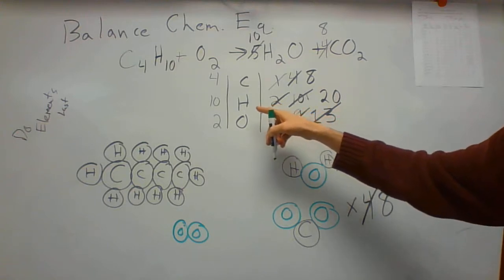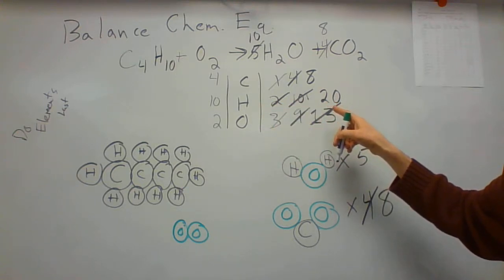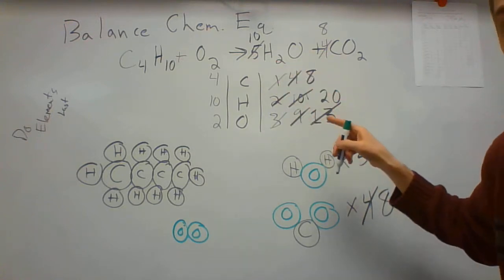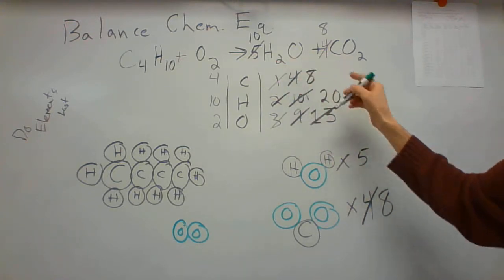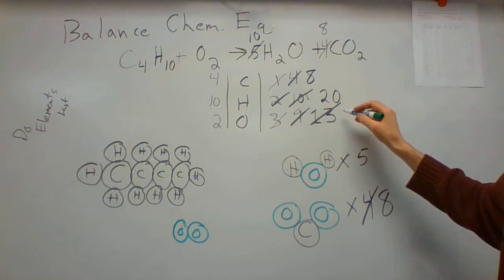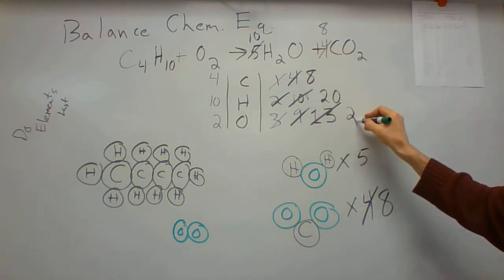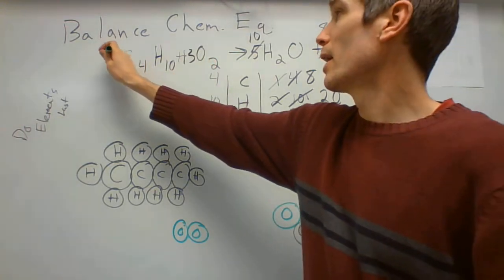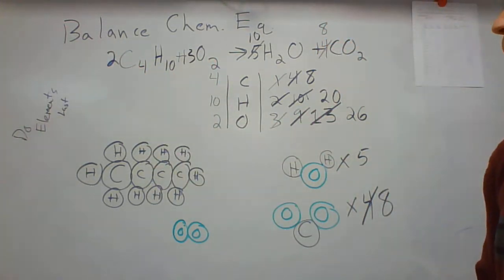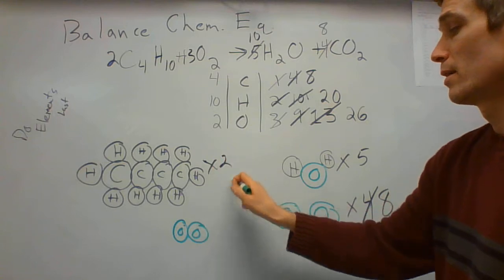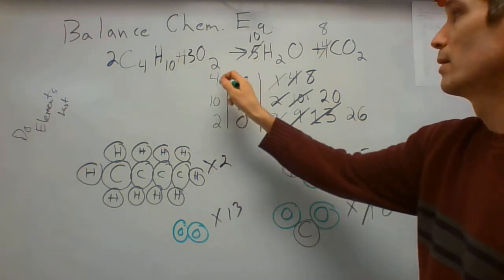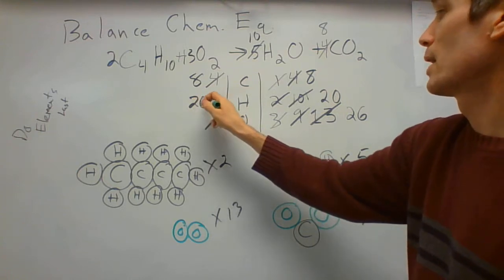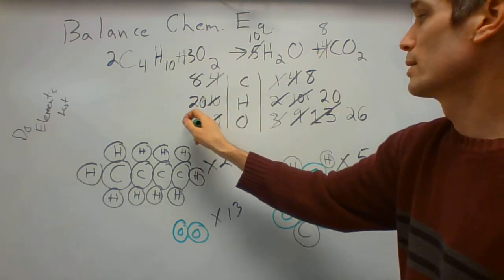Oh, I made a mistake there. No, I didn't. Sorry, 20. I thought I made a mistake. 20 there. And then 10 plus 16, 26. And then I'm going to put a 13 there and a 2 there, and it'll balance. So I'll have 8, 2 times 10 is 20, and 13 times 2 is 26.